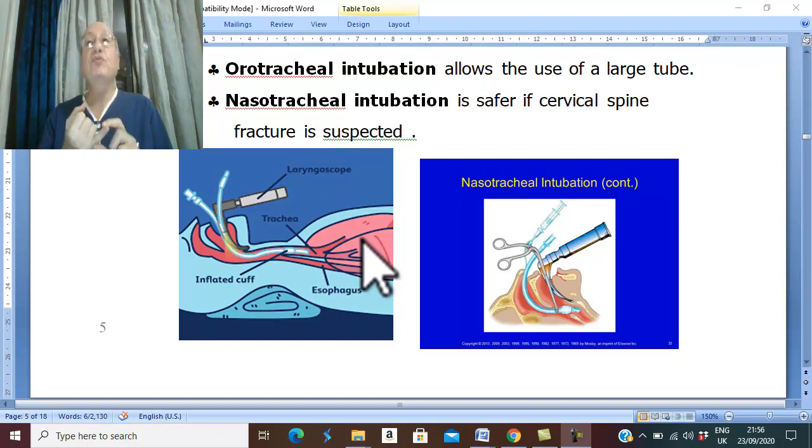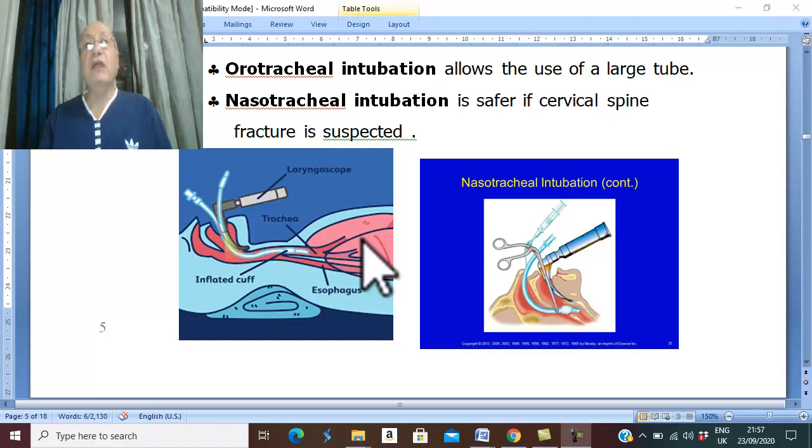Therefore, if you want to use mechanical ventilation in closed head injury to allow hyperventilation to decrease intracranial pressure, or in any airway injury, injury of the larynx or injury of the trachea, and we want to introduce the air directly to the lung, we use tracheal intubation, also called endotracheal intubation.